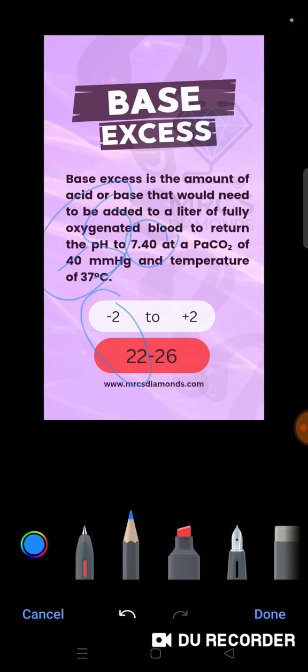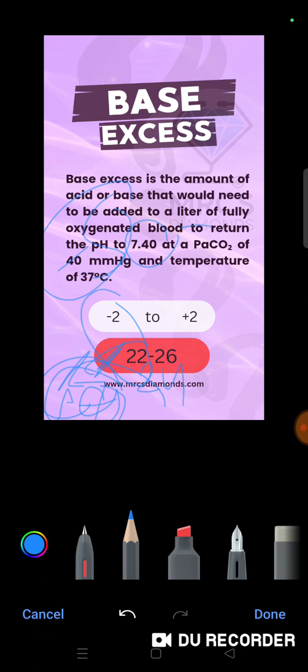So if it is -5, as if we say the bicarb is 17, we need to add 5 to this 17 to reach the normal. Or consider if it is from 24, it is like 19, so it is -5.